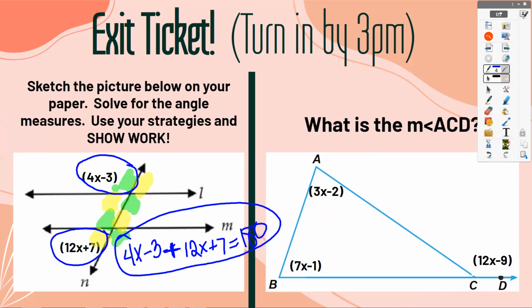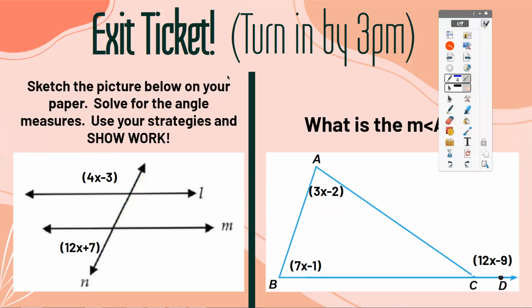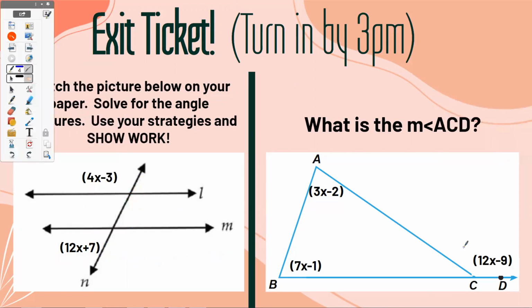Then if I look at this one over here on the right, it says, what's the measure of angle ACD? Well, I see x's, so I'm gonna have to set up an equation. But remember, my exterior angle is equal to the sum of my two remote, or not touching, opposite interior angles.